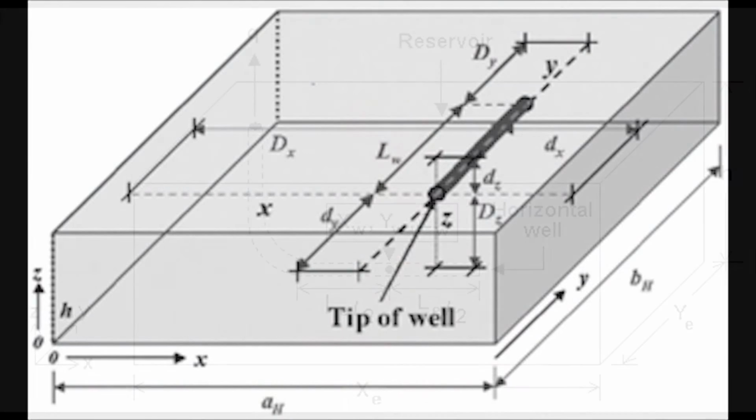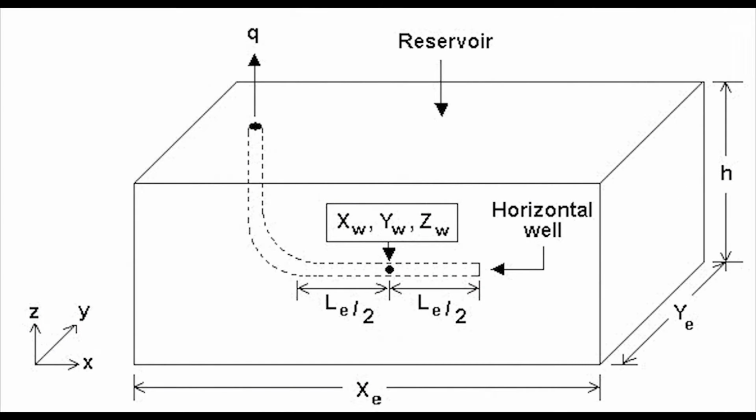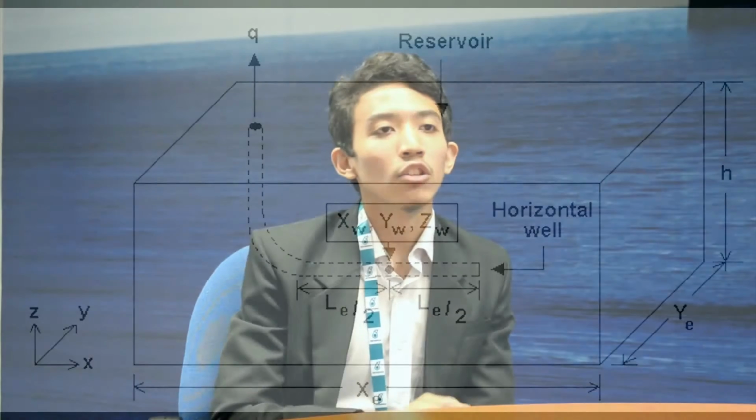When we talk about horizontal dimensions of the reservoir, we are talking about the size of the reservoir, the region that we are trying to focus on, so that we can gain more information and be more confident in executing our production operation. But in gaining that information, we have to know our horizontal wellbore as well. So basically, a horizontal well is much more complicated compared to a vertical well.